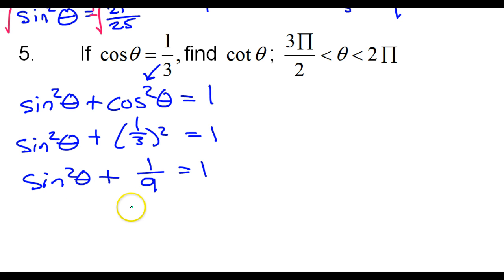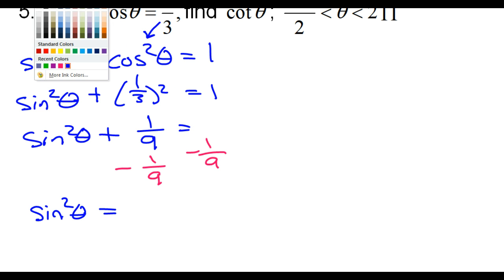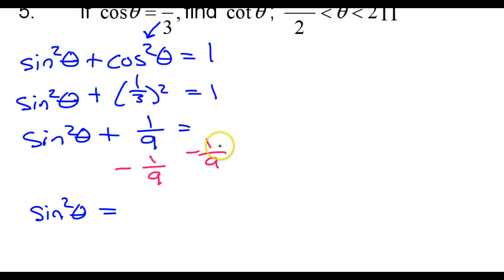To get sine squared theta by itself, you would subtract 1/9 from both sides. So you're going to have sine squared theta is equal to. Now 1 is a chameleon. You can turn that into anything. Since we need a denominator of ninths, let's think of this 1 as 9/9.